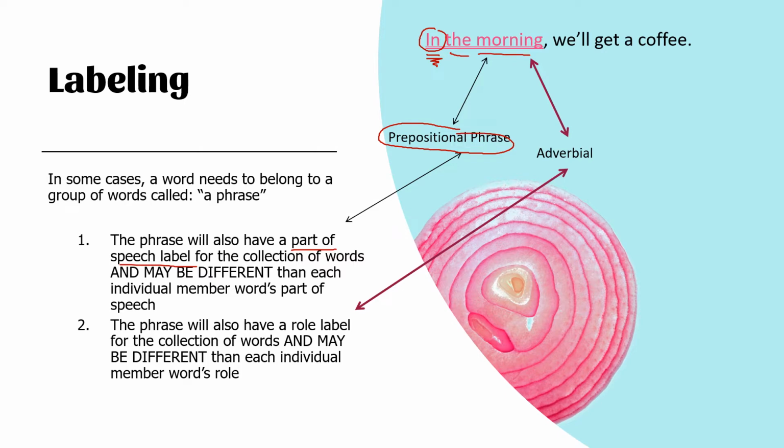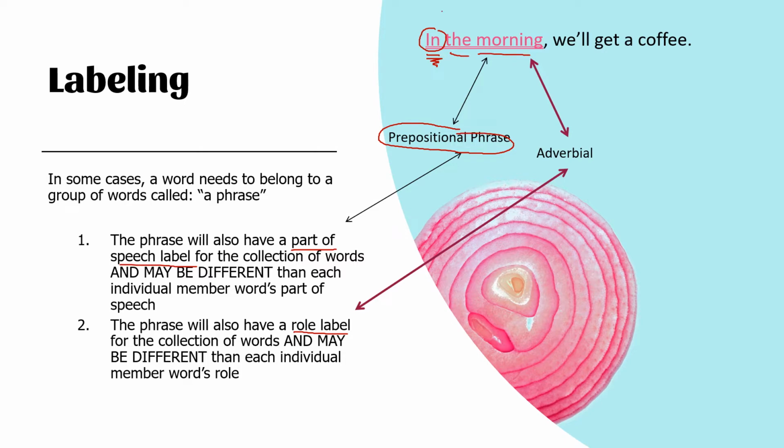More on that later. Another aspect about phrases is that they have a role or a function to play in the sentence, and these also can be labeled. The role label, again, will most likely be different than the role of each individual word in the phrase. So let's look again at the same examples.